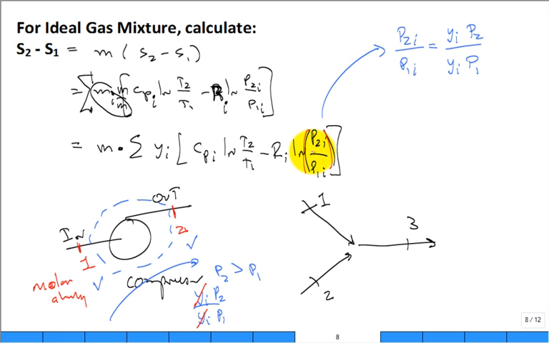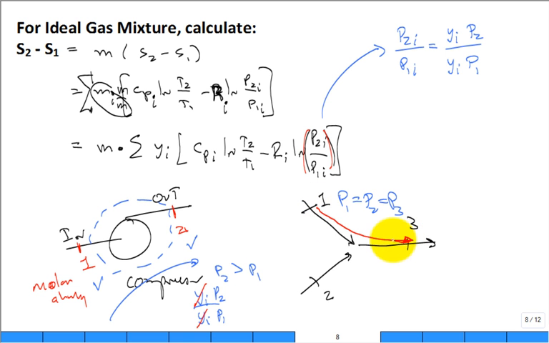Well, in the mixing problem, typically the pressure 1 is equal to the pressure 2 is equal to pressure 3. You're just mixing them. You're not changing the pressure. Well, in that case, let's take a look. I'm doing it only from, let's say, 1 to 3.